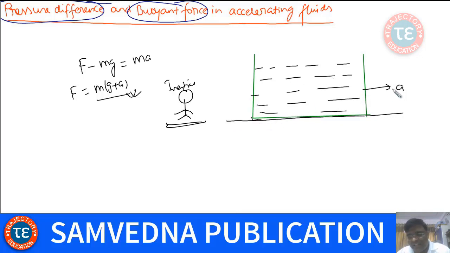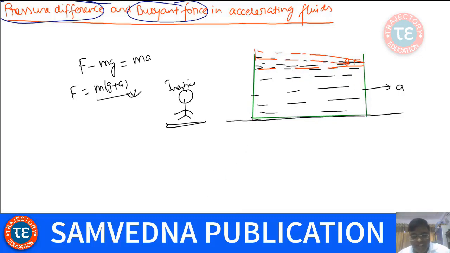But if this starts accelerating with a, the layer of liquid gets slanted like this. It makes a certain angle, say theta, with the horizontal.